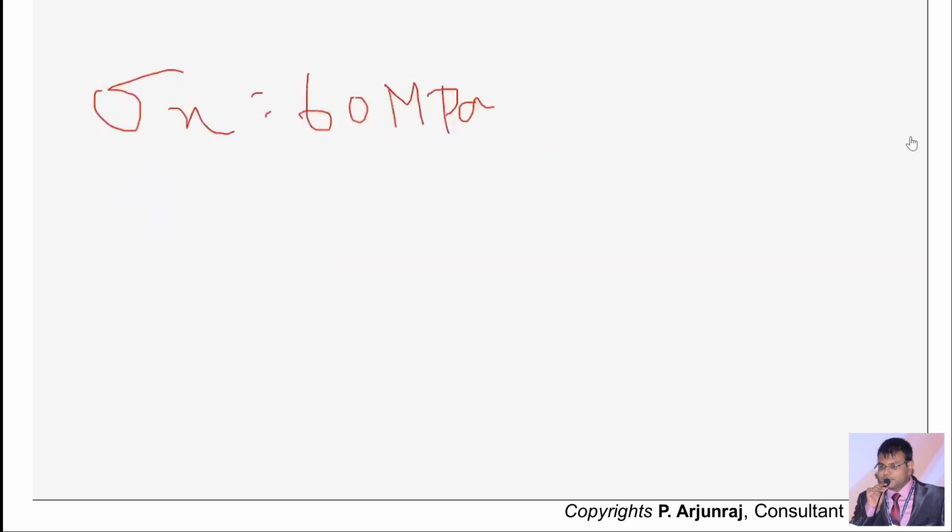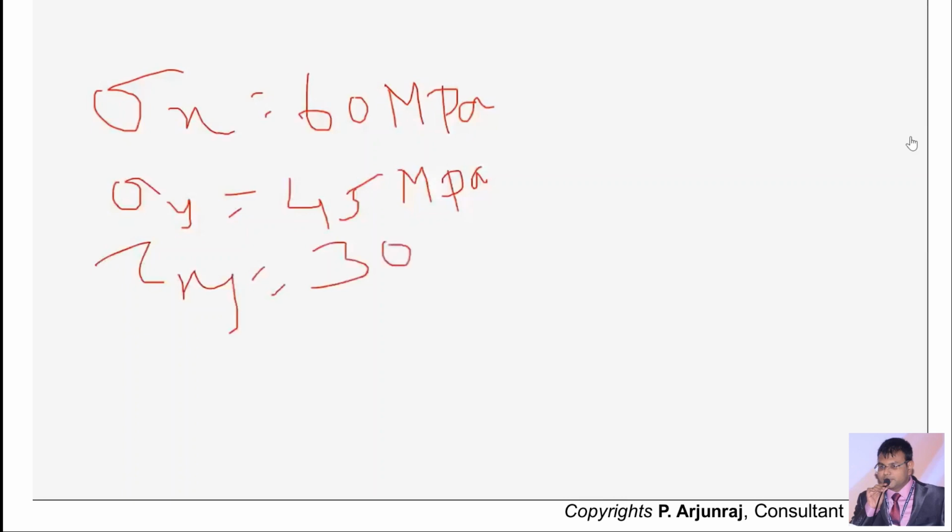Sigma y is given as 45 MPa, and tau xy is given as 30 MPa, and the yield stress sigma y for a material called C45 steel is given as 353 MPa.